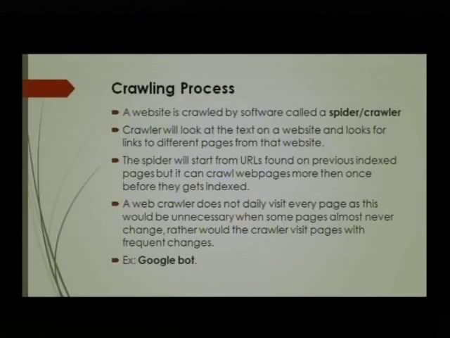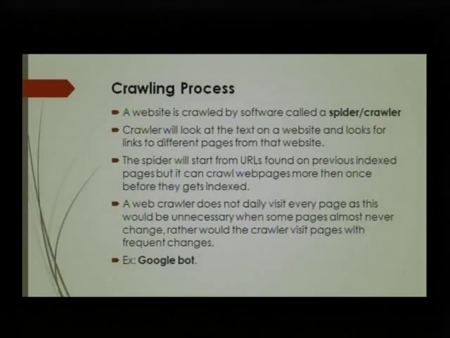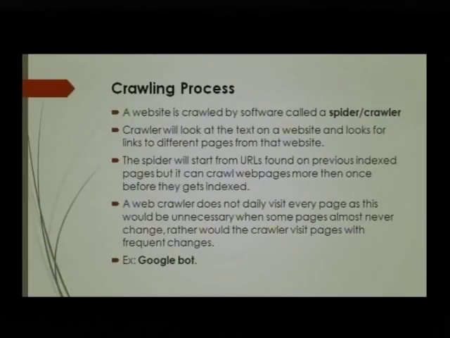So, the crawling process. A website is crawled by a software called a spider or crawler. The crawler will look at the text on the website and look for links to different web pages from that website. A spider will start from URLs found on the previous indexed pages, but it can crawl the web pages more than once before they get indexed.